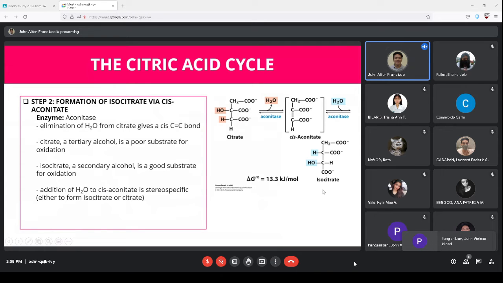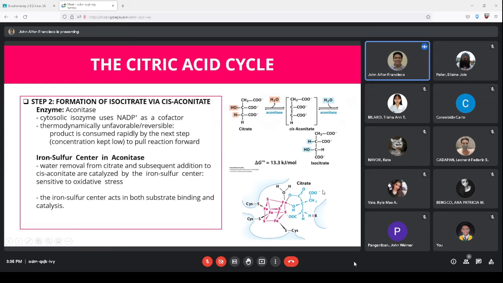Alright? So you have now your isocitrate. So this enzyme, it appears in cells, in cytosolic isozymes, it uses NADP plus as a cofactor. So gumagamit siya ng cofactor NADP plus, which is also an electron or a proton acceptor.